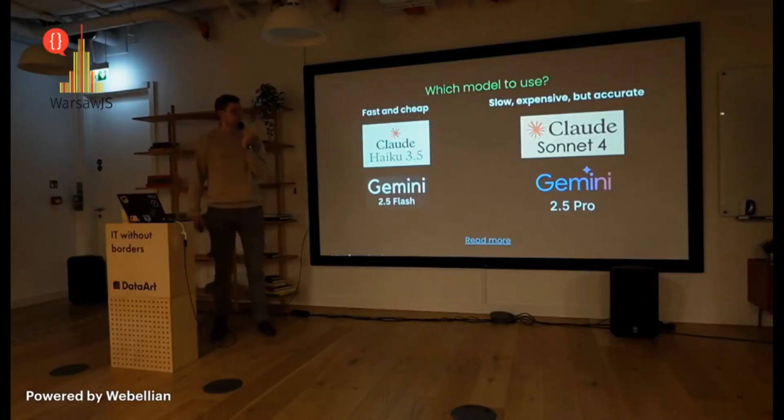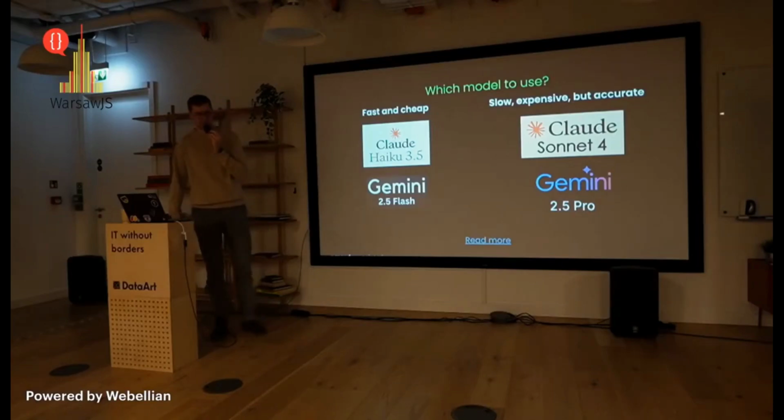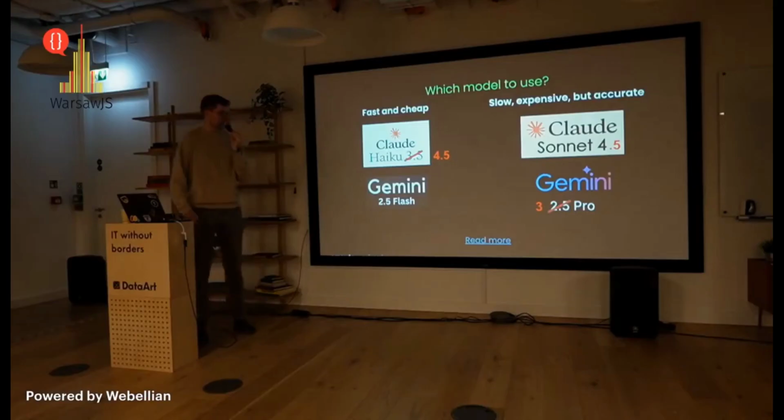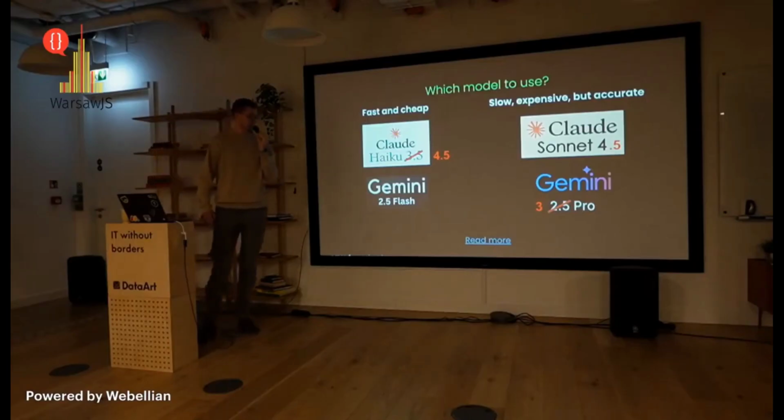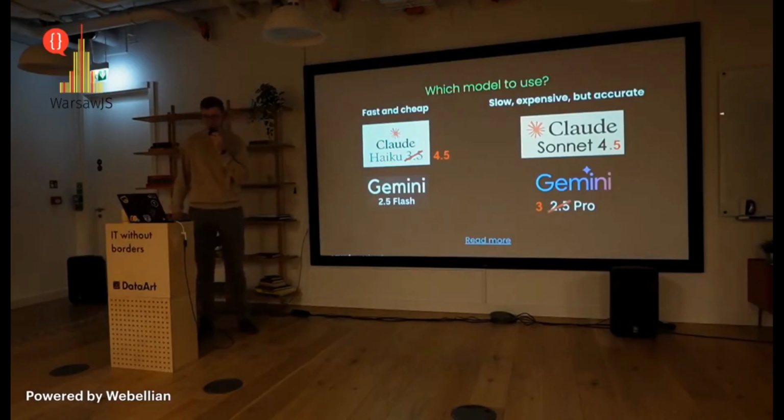And slow, expensive, but accurate models, which are really nice for code generation when you don't want AI to make a lot of mistakes. And those models are updating quite fast. So as a slide is already not up to date, always check official websites of model providers. But basically we used Claude and Gemini.